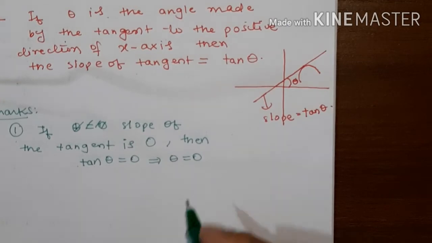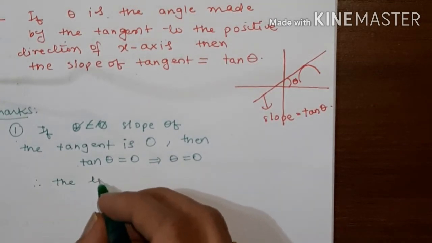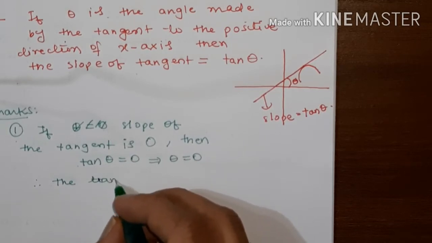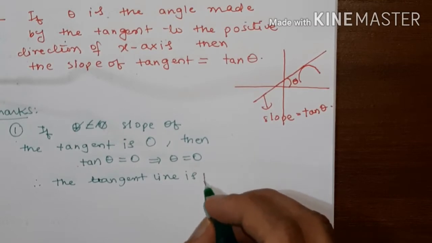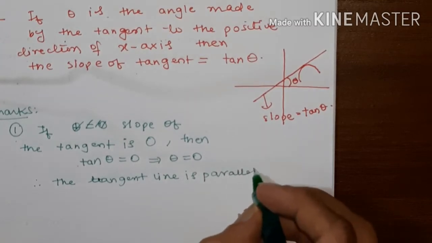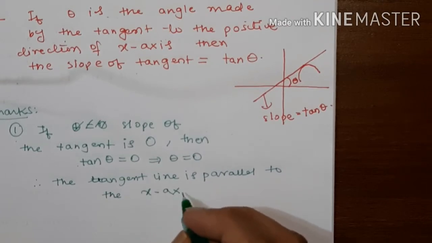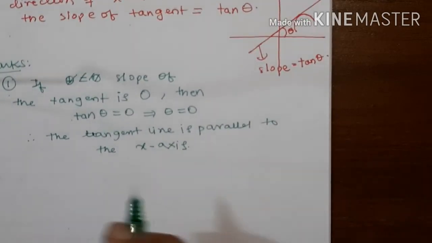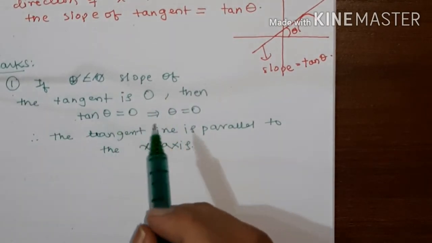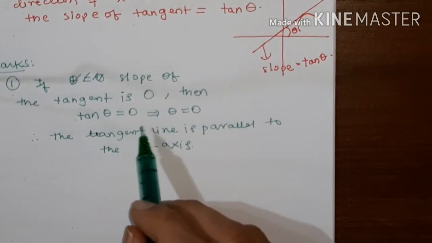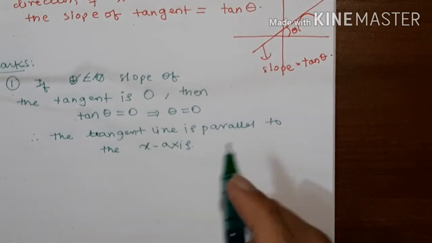Therefore the tangent line is parallel to the x-axis. So if the slope of the tangent is 0, then tan theta is 0, which implies theta is 0, so the tangent line is parallel to the x-axis.